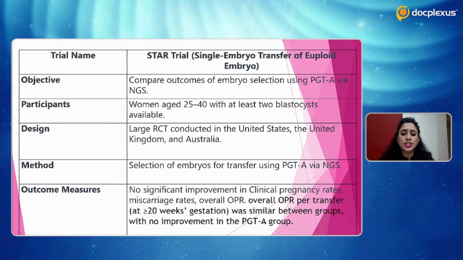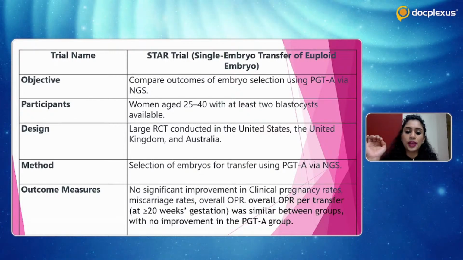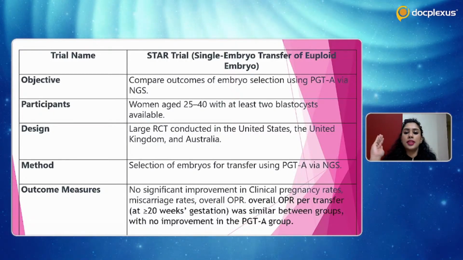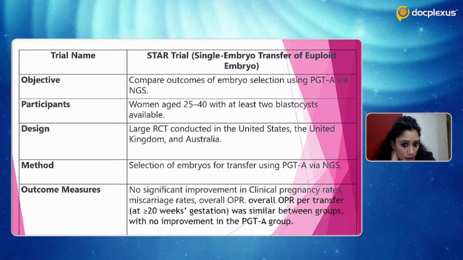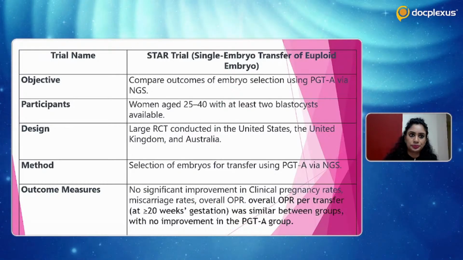The selection of embryos for transfer was using PGTA via NGS. There was no significant improvement in the clinical pregnancy rates, the miscarriage rates, or the overall ongoing pregnancy rates, and it was similar in both groups with no improvement in the PGTA group.